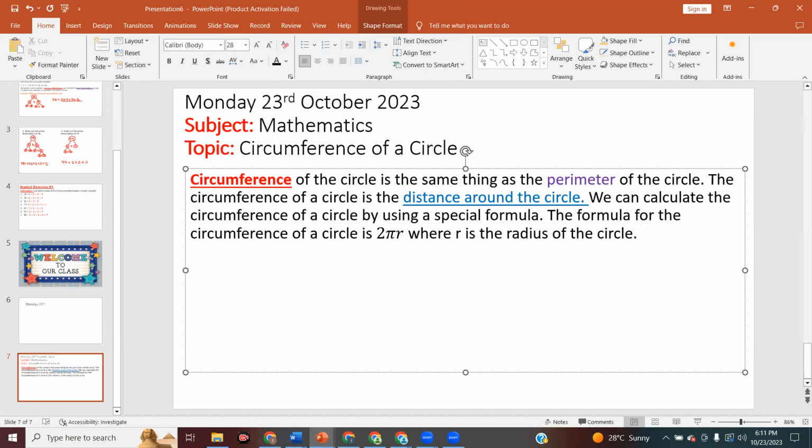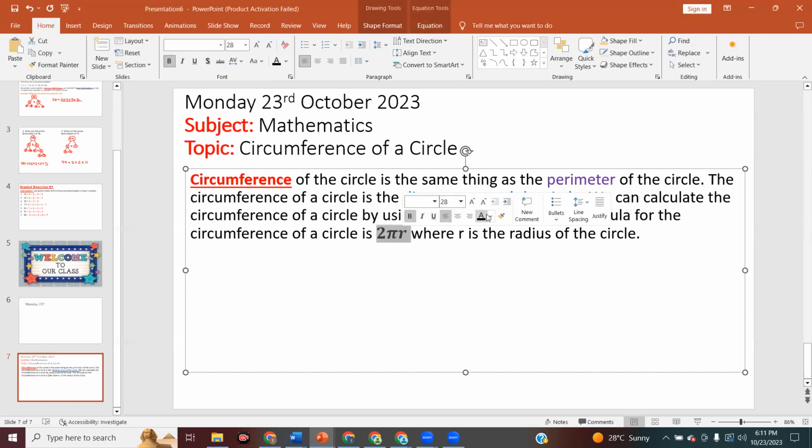So the formula for the circumference of the circle is going to be 2 pi r. All right, that's the formula.